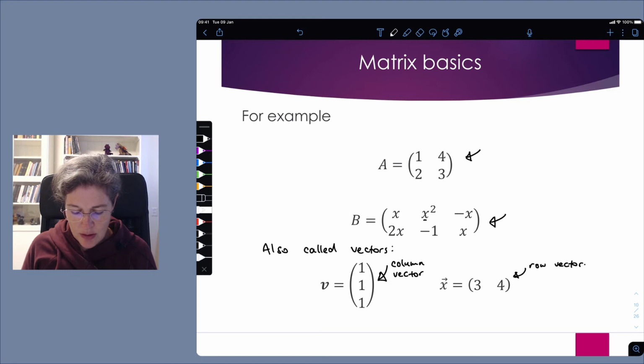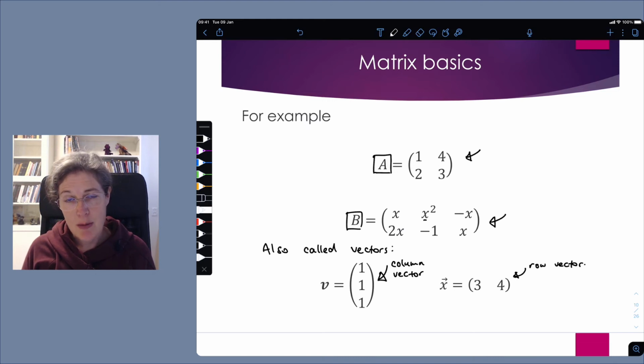And the other thing to notice in the notation here, when I'm talking about matrices and I want to name a particular matrix, I will usually, and most mathematicians will, use a capital letter to represent that matrix. So we have A, we have B, but when we're talking about vectors, the notation might change a little bit if you're specifically thinking about it as a vector rather than just a matrix.